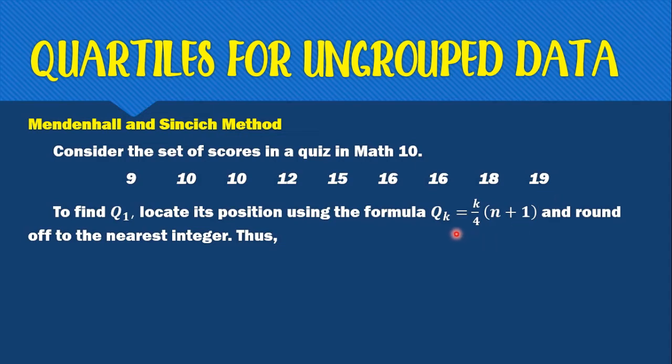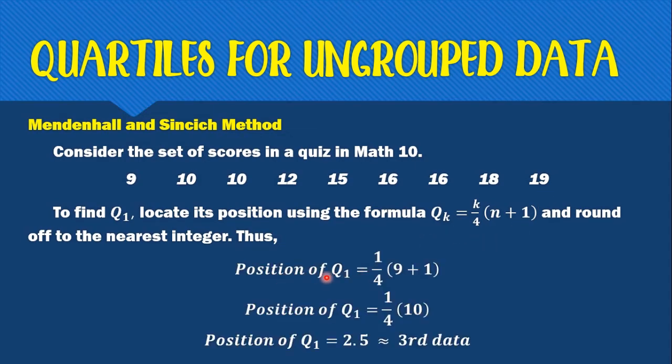So as we substitute the position of Q sub 1, our k here is 1 because we are finding the lower quartile, or the Q sub 1. Q sub 1 equals 1 over 4 times, we have a total of 9 scores, so n is 9, plus 1. Simplifying this, 9 plus 1 is 10, and 1/4 of 10 is equal to 2.5.